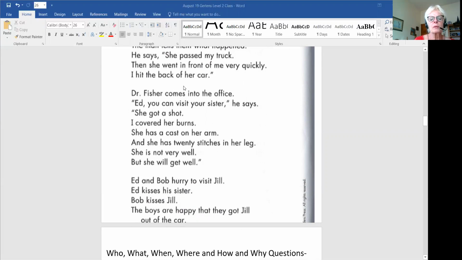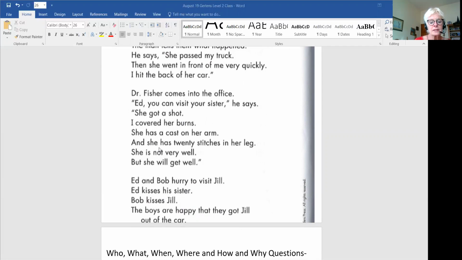Dr. Fisher comes into the office. "Ed, you can visit your sister," he says. "She got a shot. I covered her burns. She has a cast on her arm, and she has 20 stitches in her leg.